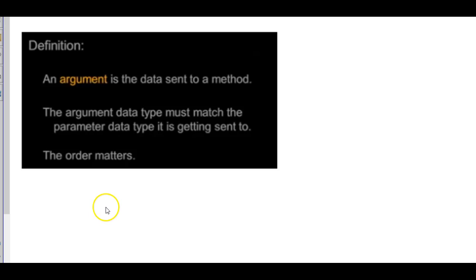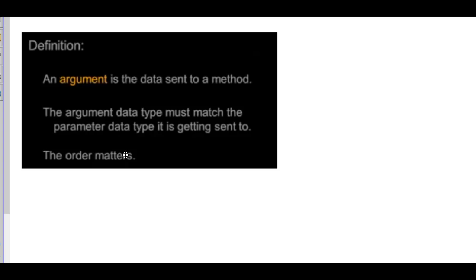So finally, let's get to the definition of an argument. You probably gleaned this already, but an argument is the data sent to a method. The argument data type has to match the parameters. And order matters. If you have parameters set up such that it's expecting an int and then a double, if you don't send arguments that are an int followed by a double, you're going to get an error.